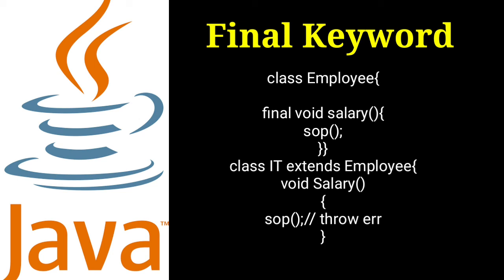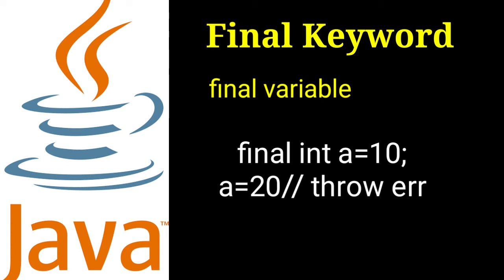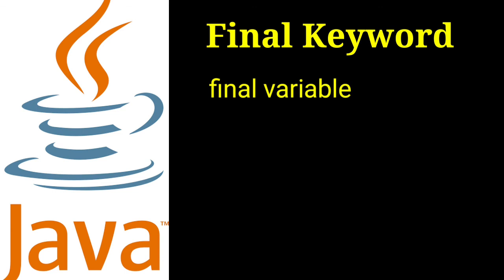Whenever you try to override the final method, it will throw an error. The next example is a final variable. Once you declare a final variable, whenever you try to change that variable's value, it will throw an error. So these are the examples for final variable, final method, and final class.